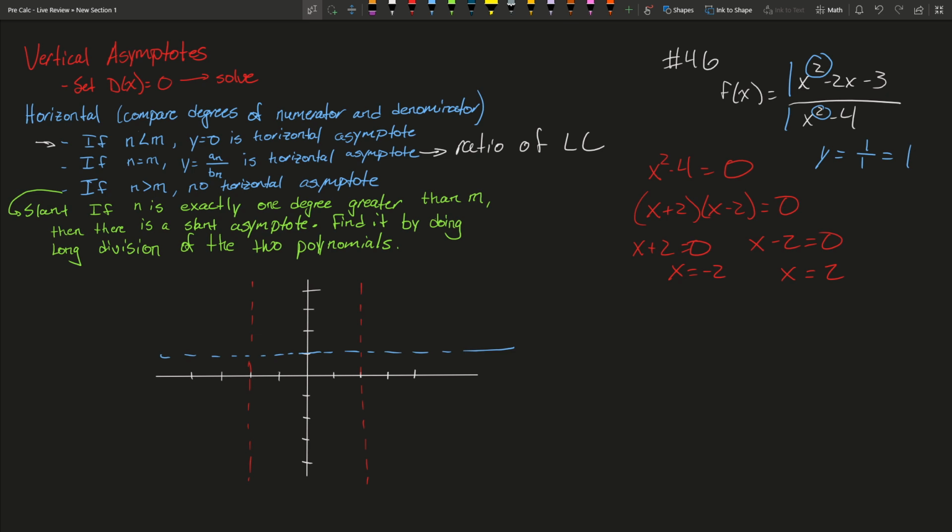Once we graph our asymptotes, so -2, 2, and y equals 1, then we need to see what happens outside of the bounds of those asymptotes. So first, let's see what happens to the left of the leftmost asymptote. So let's plug in -3.